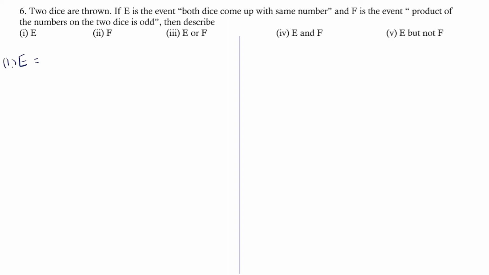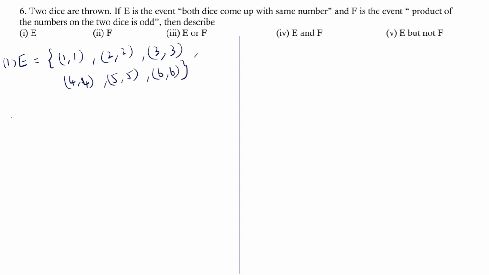So event E will be 1 1, then 2 2, then 3 3, then 4 4, 5 5 and 6 6, because these are the outcomes that come up with the same number. Then the second one is F. Product of the numbers on the two dice is odd.